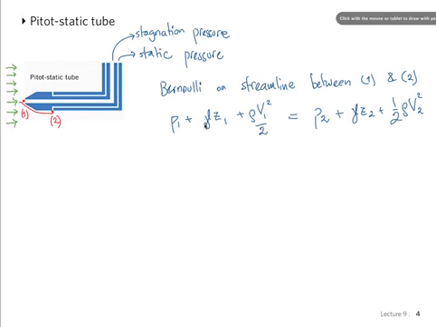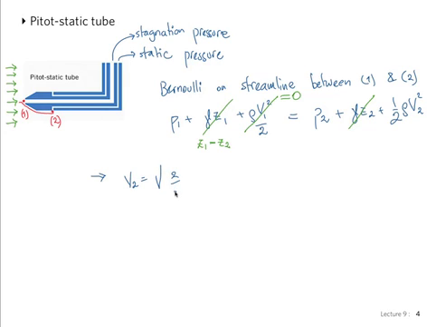We're going to take Z1 equal to Z2 and cancel that one out. And P1 we're going to take to be the stagnation one, so this is equal to 0. As before, we have that V2 is equal to the square root of 2, the same thing we just did, (P1 minus P2) over rho. And we use this to measure velocity.